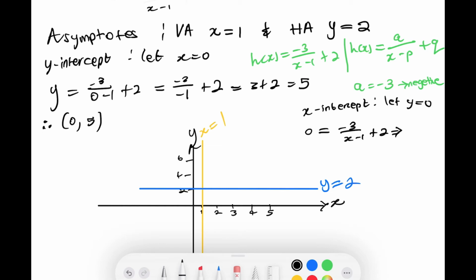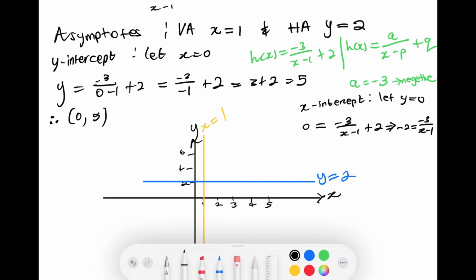So you want to remain in the same line. You get negative 2 is equal to negative 3 over x minus 1. You take 2 to the other side, it becomes negative. And we're trying to isolate x, therefore, we can say negative 2 times x minus 1 is equal to negative 3. And to isolate x, we divide both sides by negative 2.